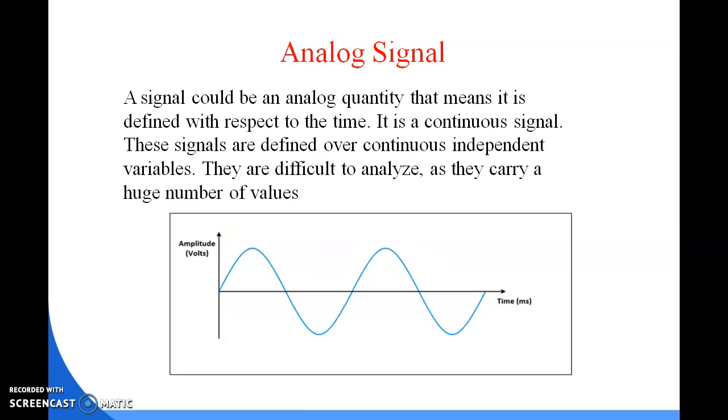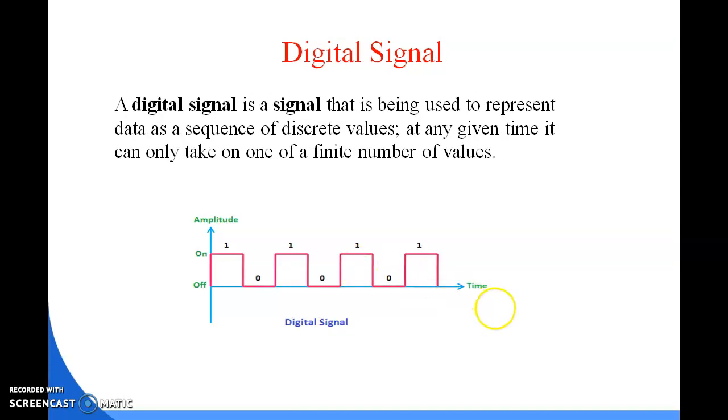The analog signal has a continuous independent variable and contains a number of values, but in the digital signal, at any given time, it can only take one of a finite number of values.